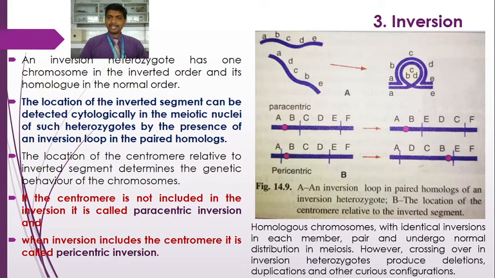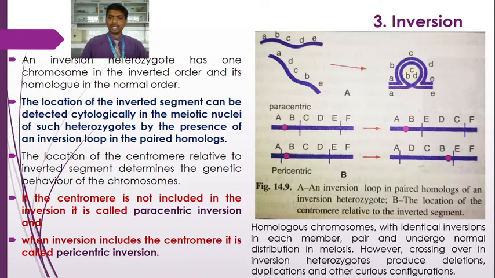So when the inversion occurs in one chromosome of a homologous pair, such inversions are inversion heterozygotes. When the inversion heterozygote pairs with its homologous chromosome, it forms an inversion loop, and when crossing over occurs in the inversion heterozygote, it produces deletion, duplication and other curious configurations.